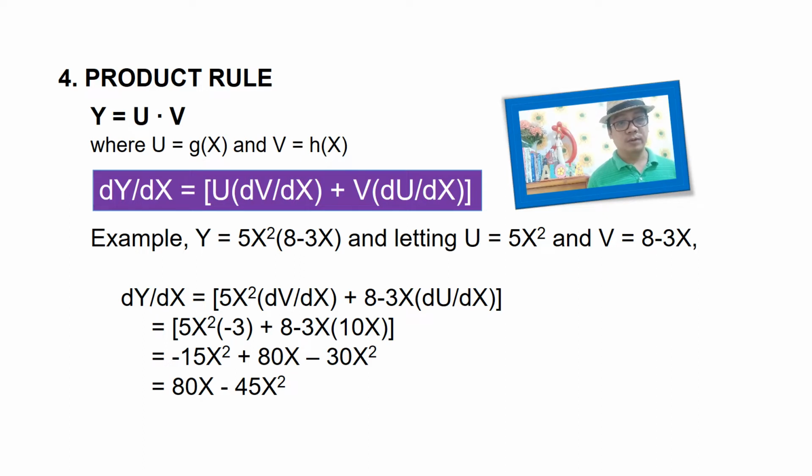For example, for the function y equals 5x squared times quantity 8 minus 3x, and letting u equals 5x squared and v equals 8 minus 3x. The derivative of the function therefore is dy over dx equals 80x minus 45x squared.